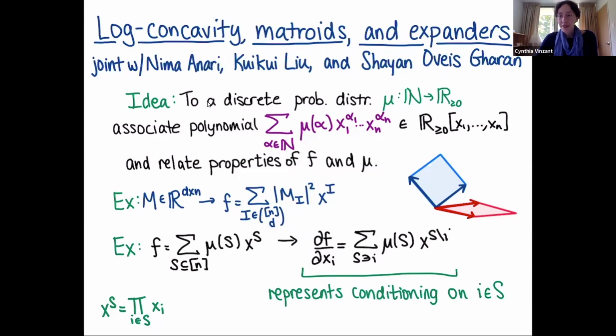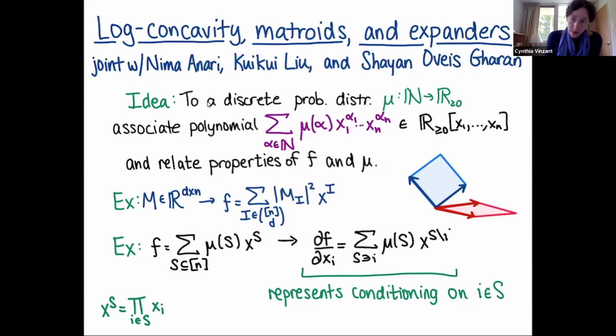And so taking a derivative on the polynomial side corresponds to conditioning on the element i belonging to my subset on the probability distribution side. So this gives us a nice dictionary between these two things. And it's surprisingly useful. If you think about generating functions, this is not a new idea, but it's a surprisingly useful and beautiful idea.